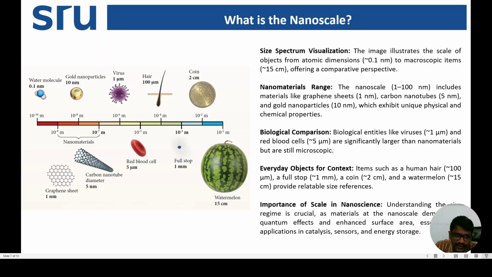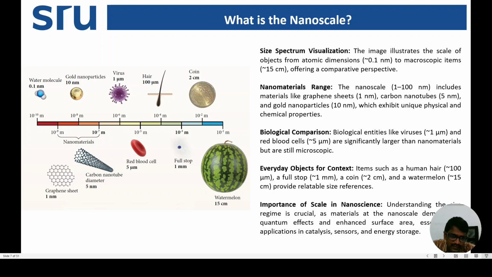Then a red blood cell is around 5 micrometers. A virus is in the range of 1 micrometer, that is 10 to the power minus 6 meters. You can also see a carbon nanotube, whose diameter is around 5 nanometers. Then gold nanoparticles, a graphene sheet, and a water molecule.